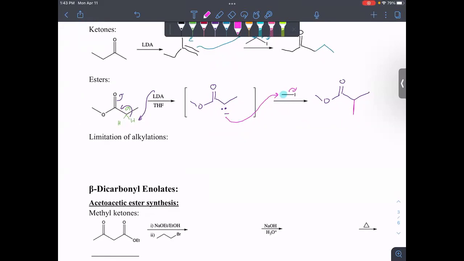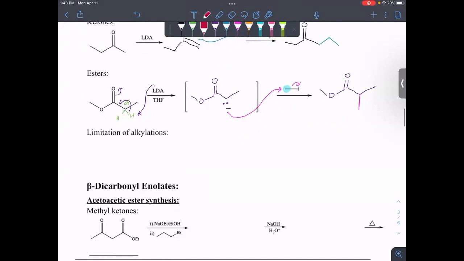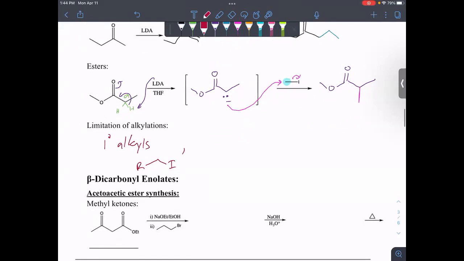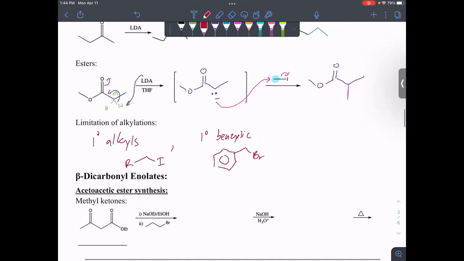So the only things you're allowed to use for alkylations like this at the alpha carbon are primary alkyls, primary benzylic alkyls, and then primary allylic alkyl halides.